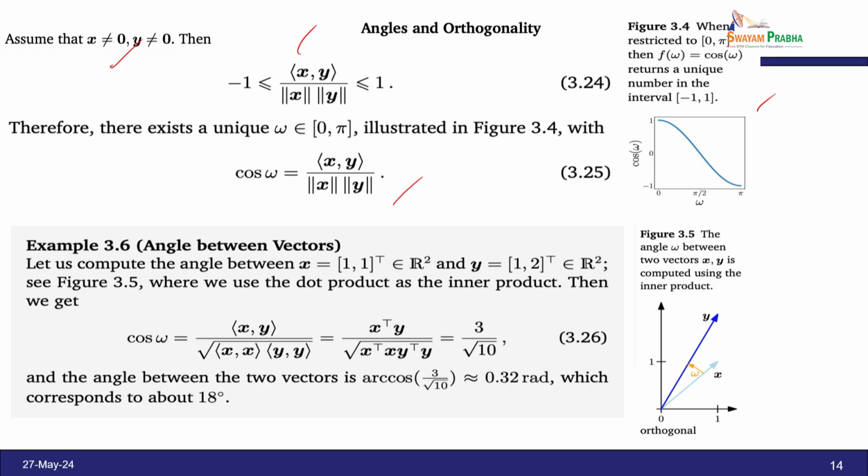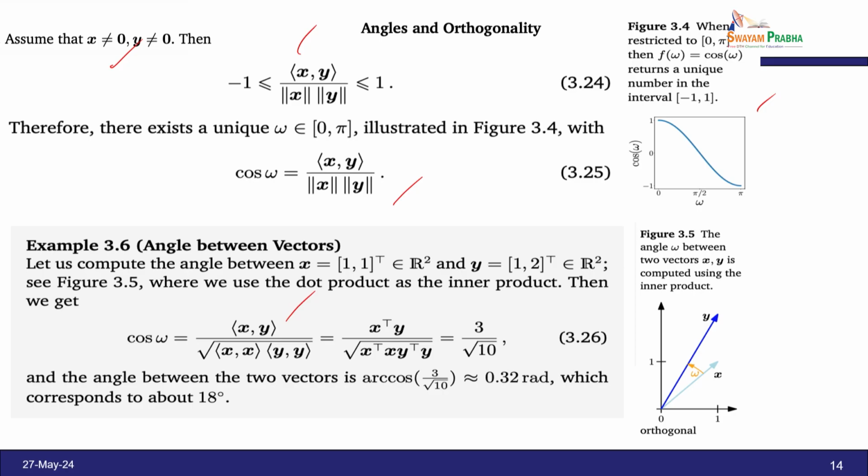Next example, angle between vectors. Let us compute the angle between the vectors x equal to (1, 1) and y equal to (1, 2). Now, you see figure 3.5, where we use the dot product as the inner product. Then we get cos omega equal to the inner product of x comma y by root of the inner product of x comma x and y comma y, which is equal to x transpose y divided by root of x transpose x times y transpose y, which is equal to 3 by root 10.